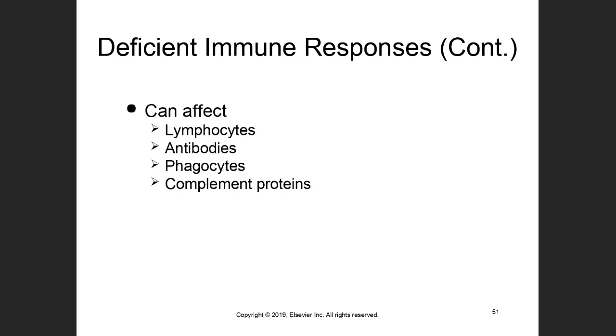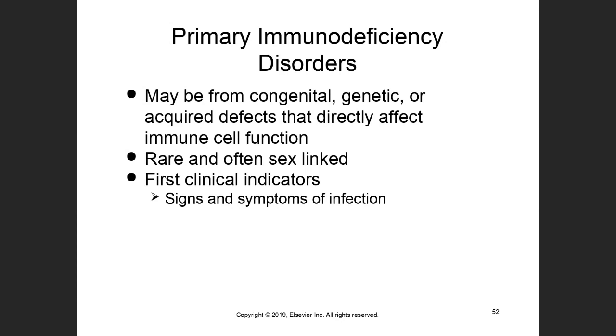Can affect lymphocytes, antibodies, phagocytes, and complement proteins. Primary immunodeficiency disorder may be from congenital genetics or an acquired defect that directly affects immune cell function. Rare and often sex-linked. That's how you transmit the disease.